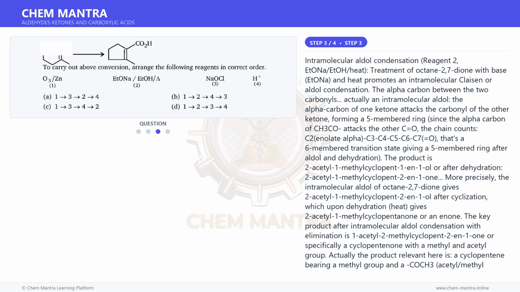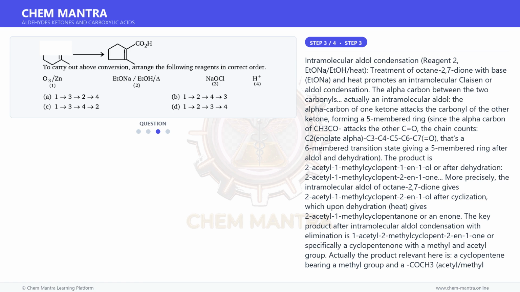Counting the chain, C2 enolate alpha carbon, C3, C4, C5, C6, C7=O. That's a 6-membered transition state giving a 5-membered ring after aldol and dehydration.